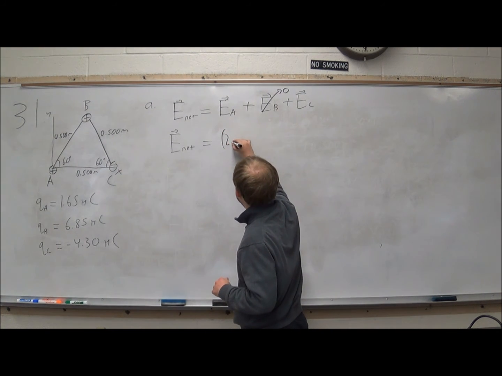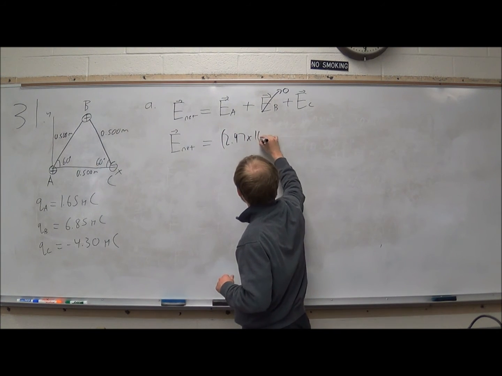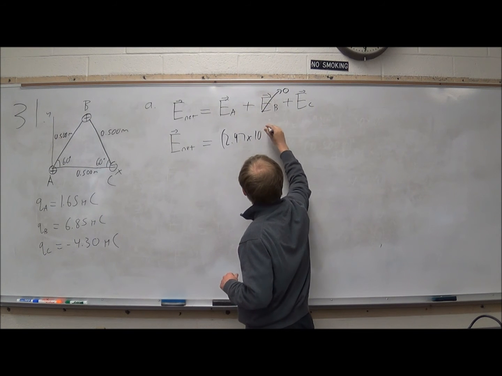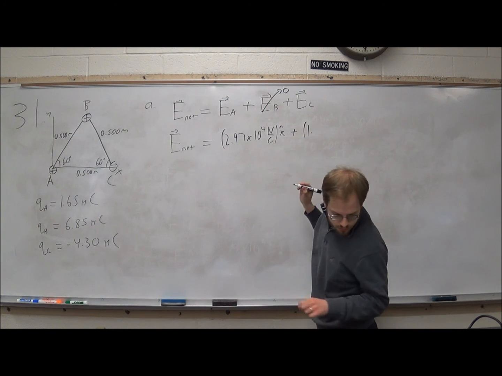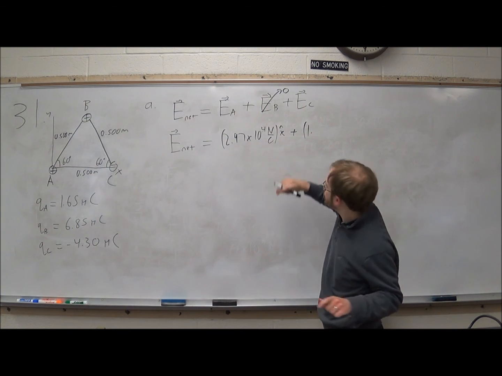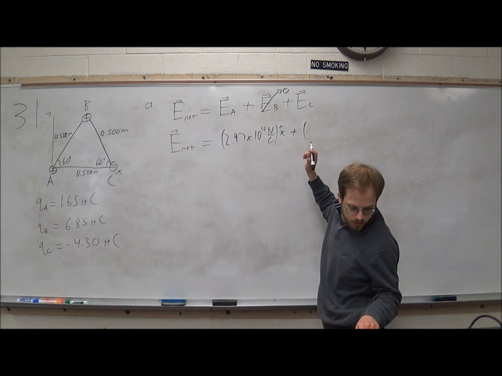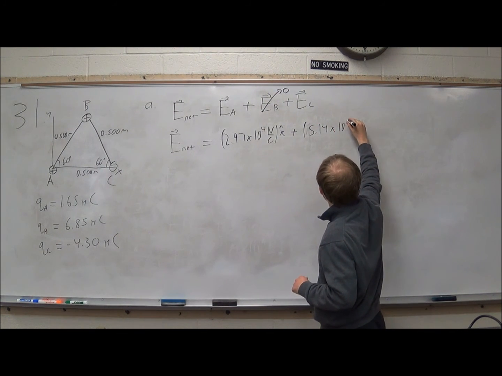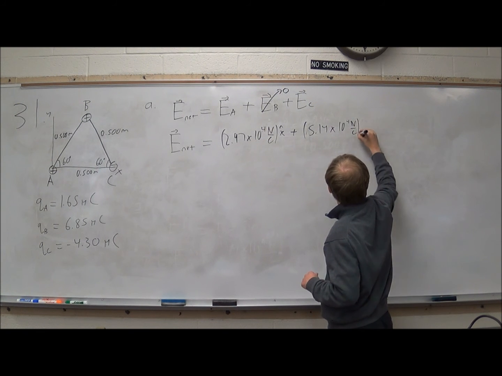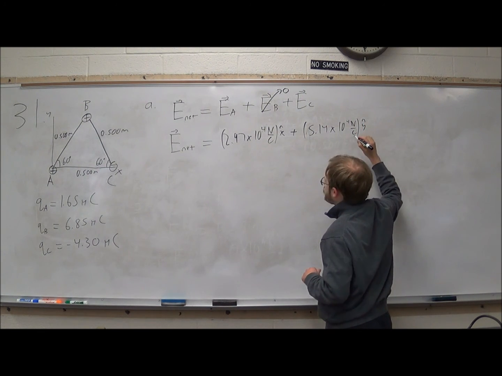So we have EA, 2.97 times 10 to the 4th newtons per coulomb x hat plus 5.14 times 10 to the 4th newtons per coulomb y hat. So this is EA.